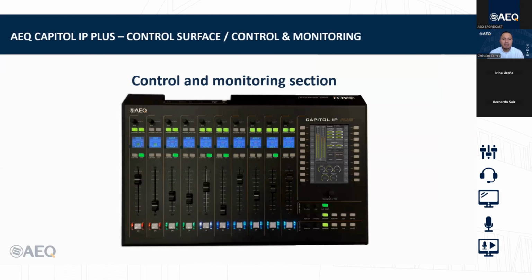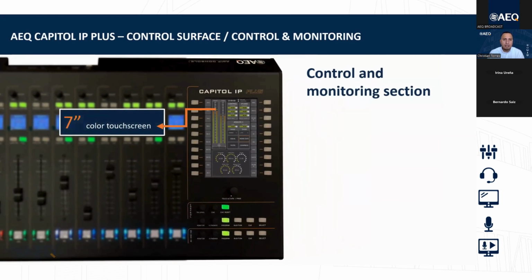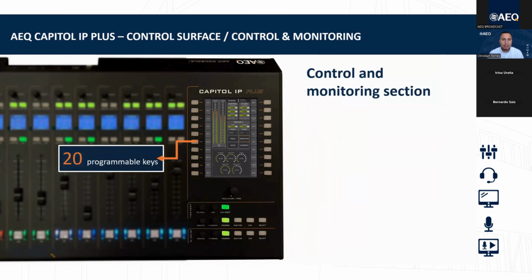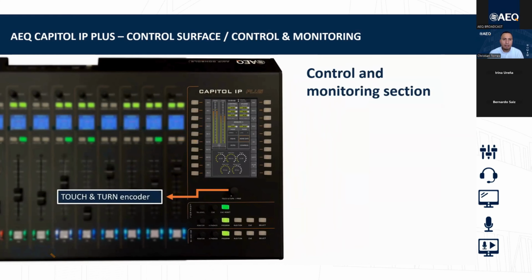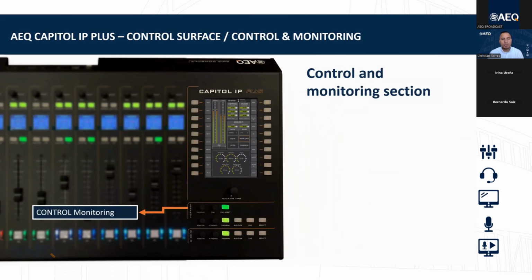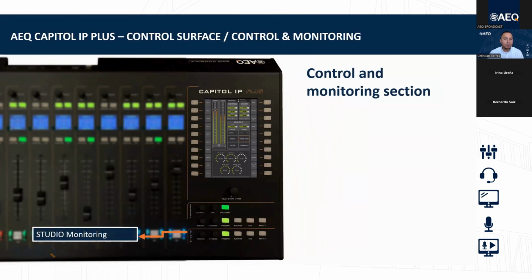This is the section for control and monitoring, and it has a 7 inch touchscreen for control and information, 20 programmable keys, a touch and turn encoder, and control, of course, studio monitoring.